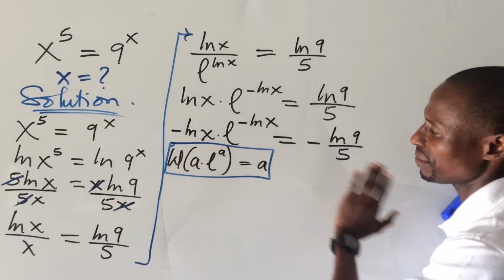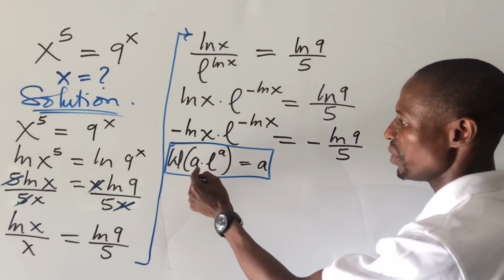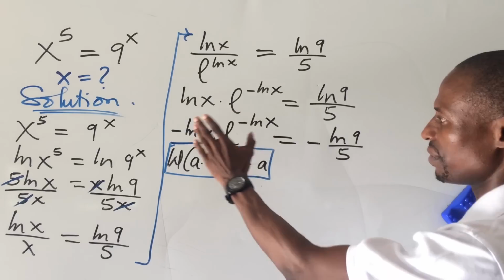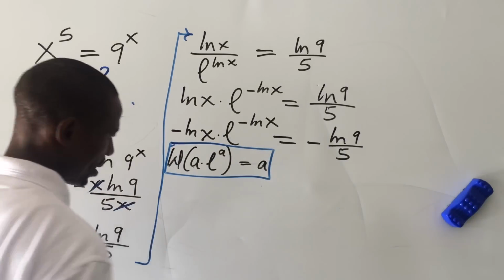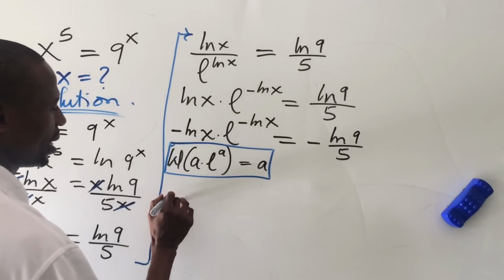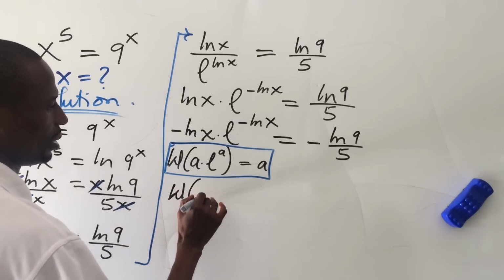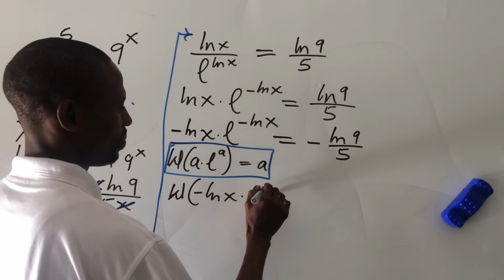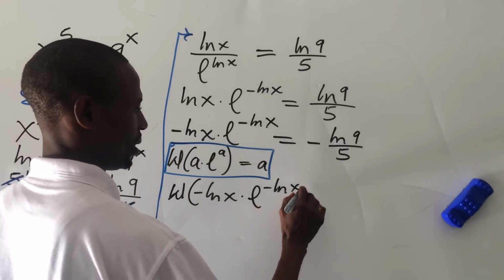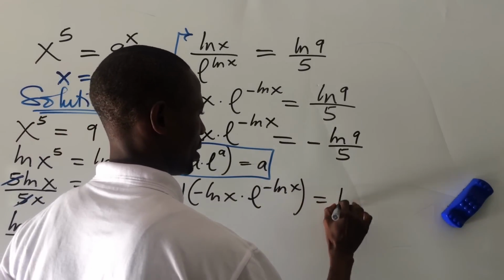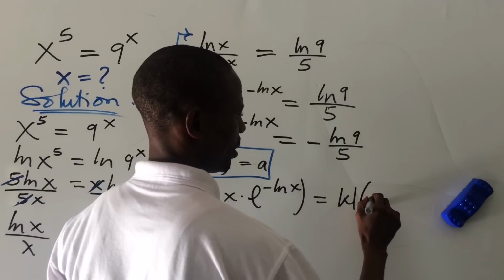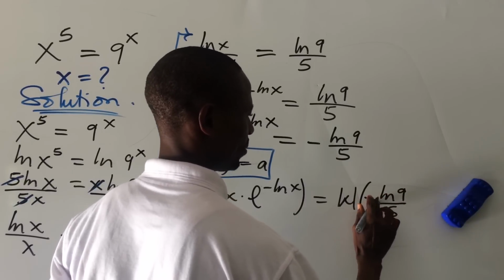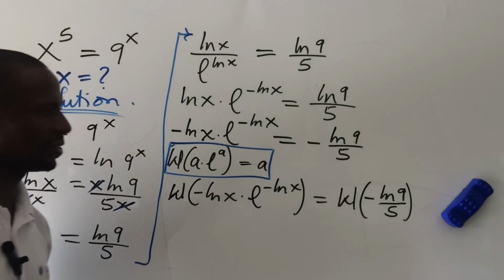So if we succumb to this rule, then we have the same thing we have here. So let's introduce our Lambert W function to this and also to the other side. This will now give us the Lambert W function of ln of x, times e to the power of minus ln of x, close bracket, equal to the Lambert W function of minus ln of 9 all over 5, close bracket.